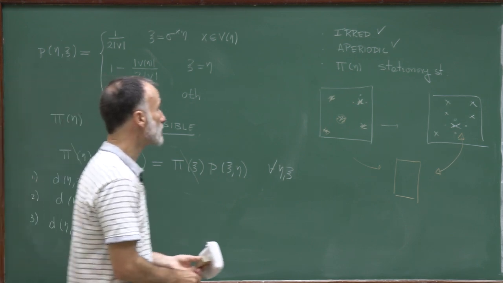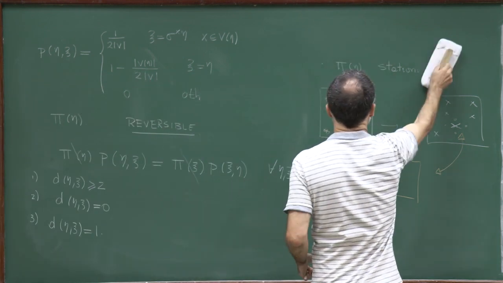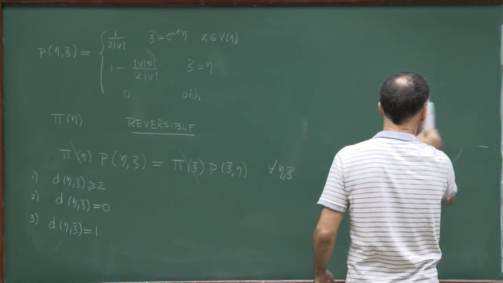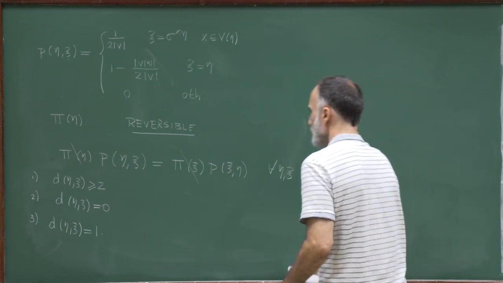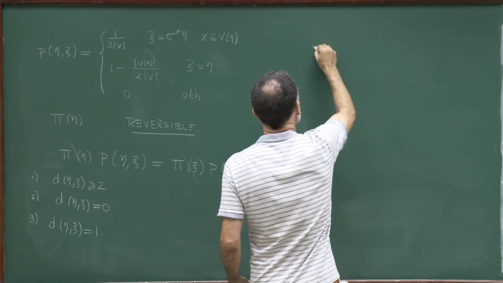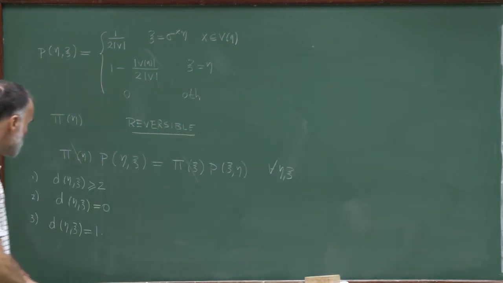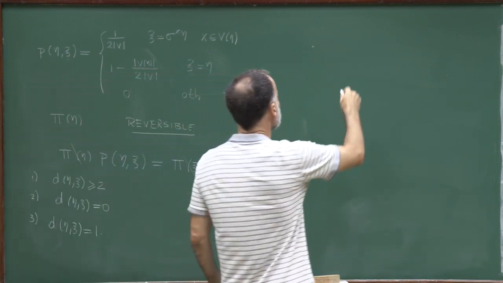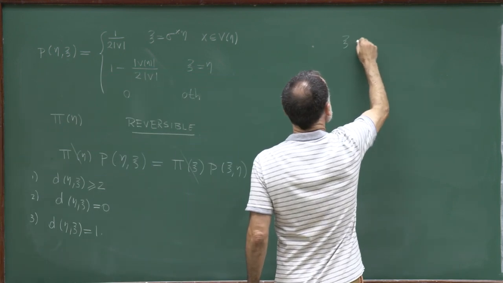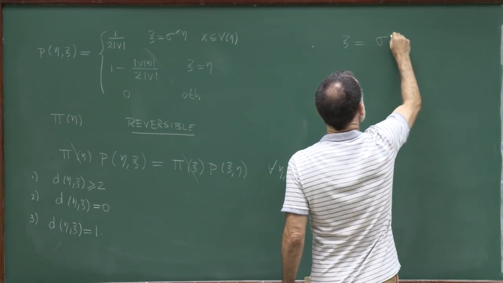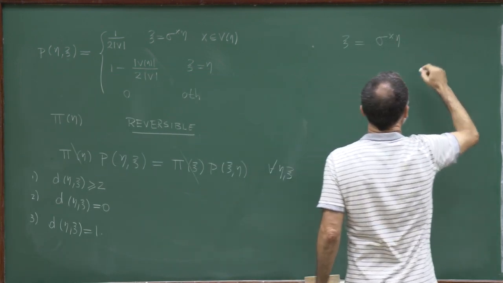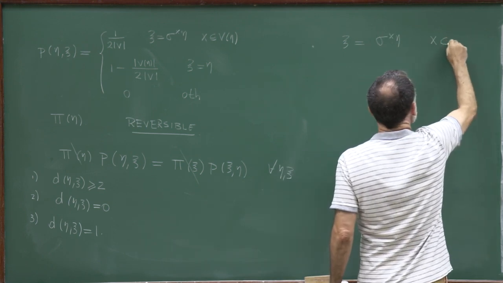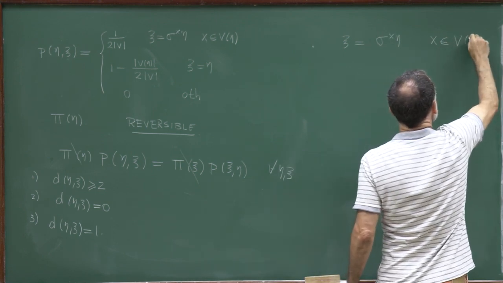If this distance is equal to 1, then psi is equal to sigma x eta, and x has to belong to v of eta.